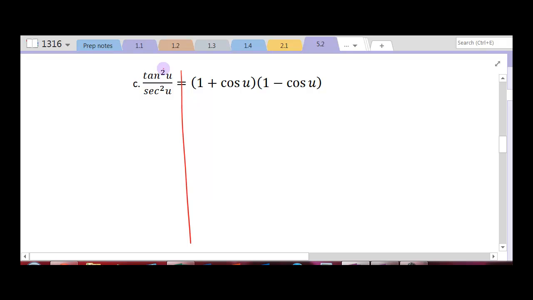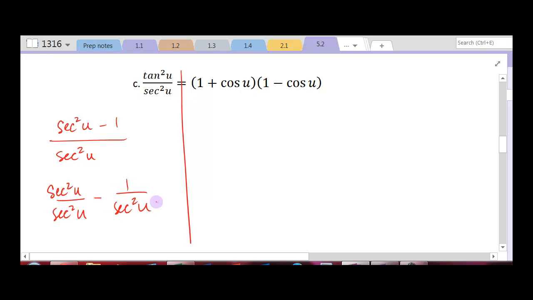So I can rewrite tan squared as secant squared u minus 1 all over secant squared u. Now, if I have a numerator like this over a single denominator, then I can separate this out into two separate fractions so that it looks like secant squared u over secant squared u minus 1 over secant squared u.